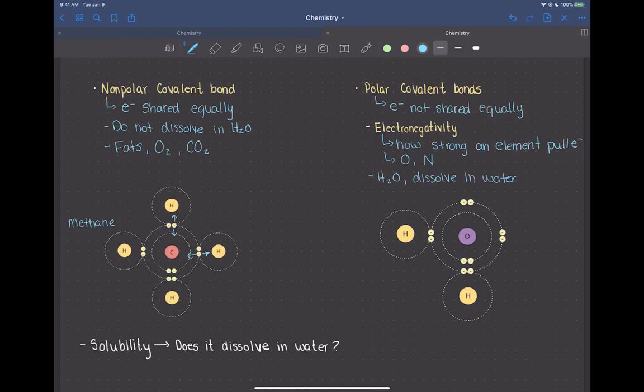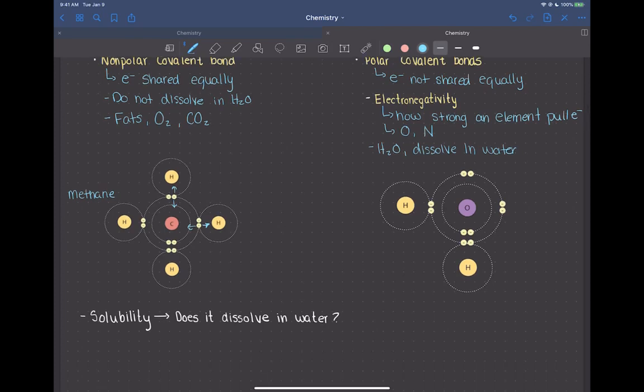Okay, so with polar molecules, here is our example of a polar molecule. This would be water, right? Oxygen with 2 hydrogens attached. What happens is, because this oxygen is pulling really strongly on these electrons, which remember have a negative charge, it's going to be pulling them closer to its nucleus.